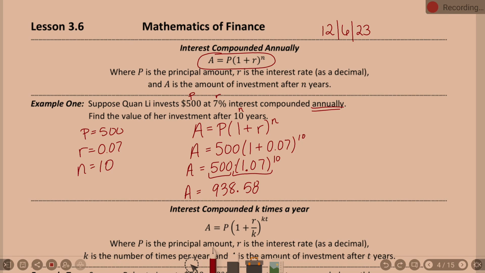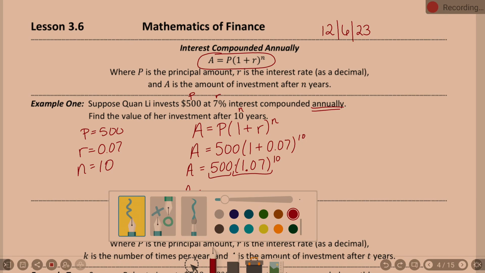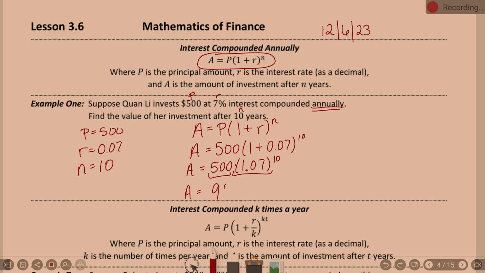So I became dyslexic when I wrote my notes down, because in my notes I have 938.58. Okay, 983.58. It happens to the best of us. Are we good? Yep.